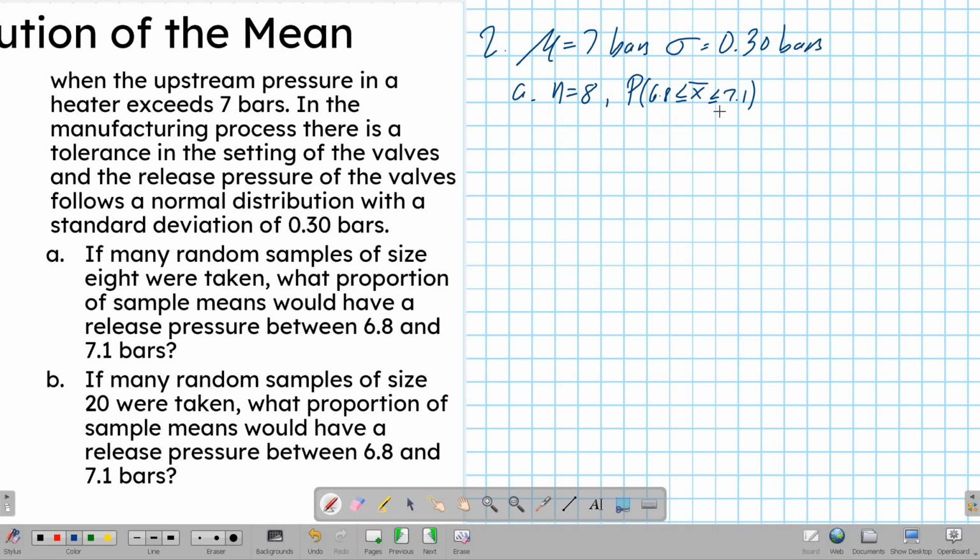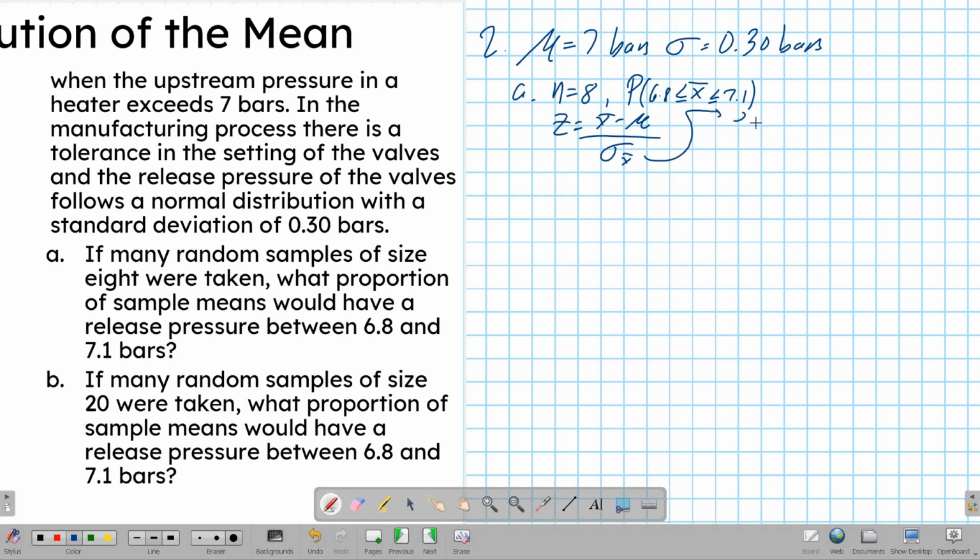So the first thing to do is to compute the standard deviation of the sample means, because that is what you need to compute these probabilities with the z-score formula. Your z-score formula is the sample mean minus the population mean over the standard error.